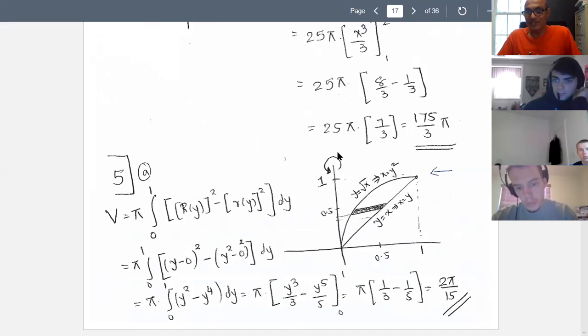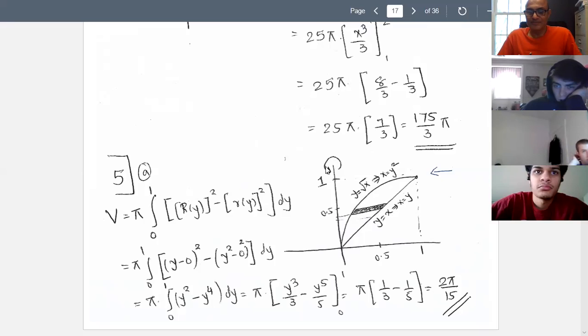The axis of revolution that is given to you is with respect to y. So my problem is like this: use the disk or Washer method to find the volume of the region bounded by y equal to root x and y equal to x, revolving about the y-axis.